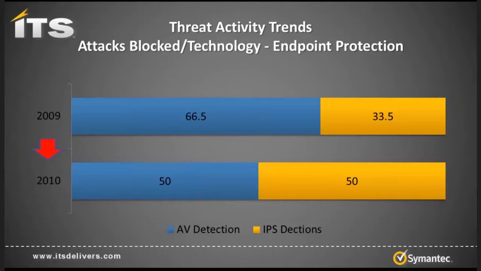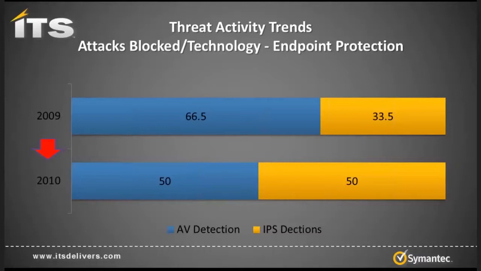But still, from year to year, the actual number of antivirus detections continues to rise. Symantec, and I haven't had a chance to look at the latest reports, is anticipating this number as a percentage of the total threats to continue to move down.